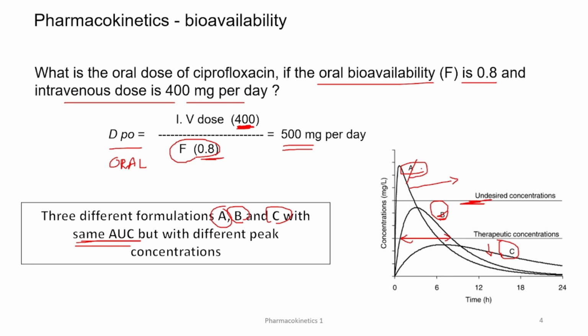If we have a drug which is producing very high concentration with a very short half-life, we can make it controlled release or extended release by reaching the therapeutic concentration like the graph B here, and that is how we can improve the patient compliance.